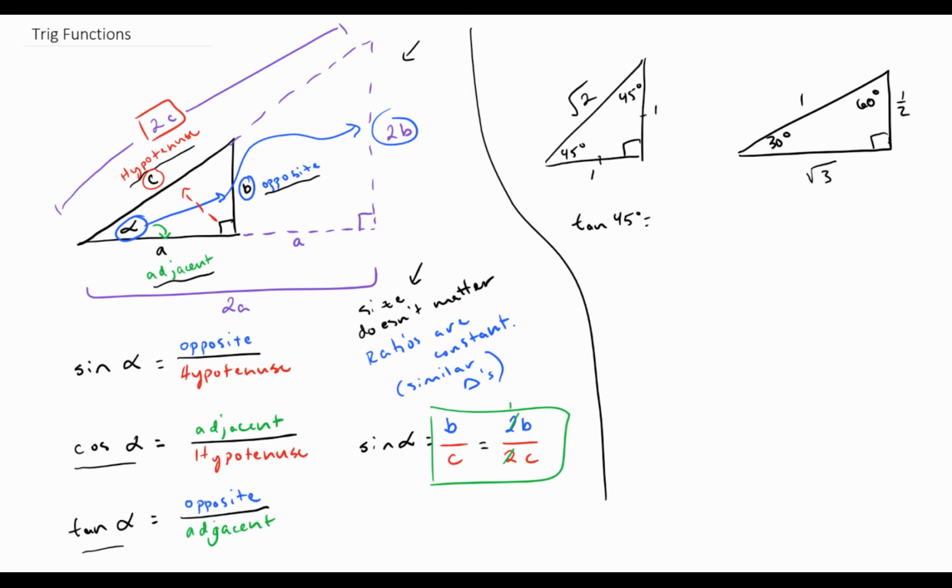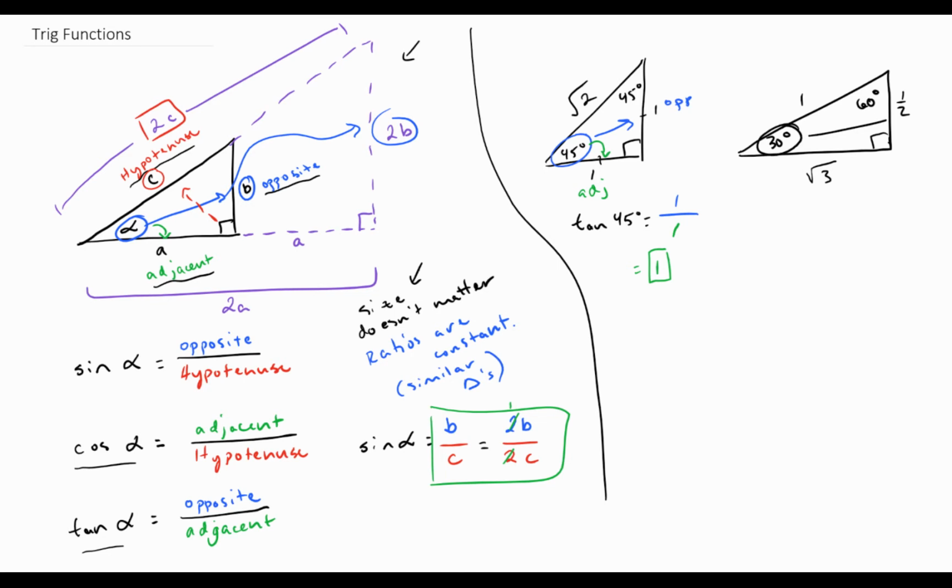If I'm using 45 degrees, I can pick either triangle. It won't matter in this case. I've got 45 degrees, which means that 1 is my opposite side, and tangent is opposite over adjacent. The adjacent side here is also 1. So the tangent of 45 degrees is equal to 1. Now let's pick the 30-degree angle.